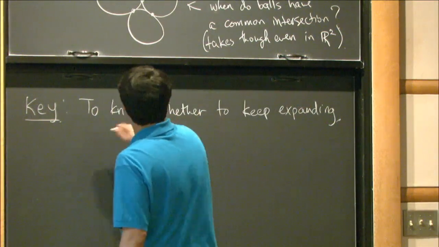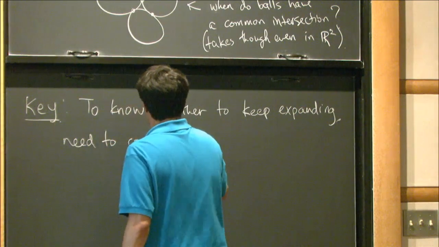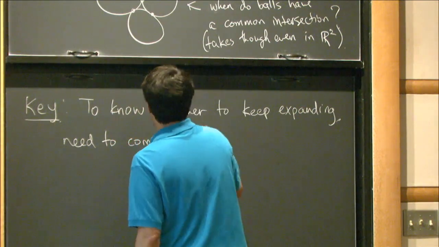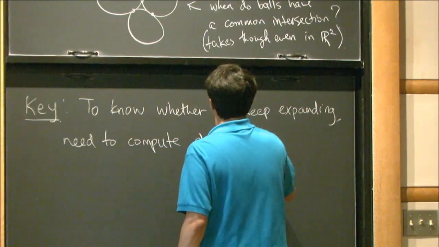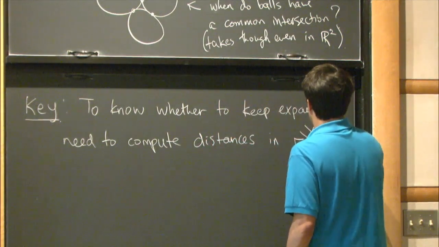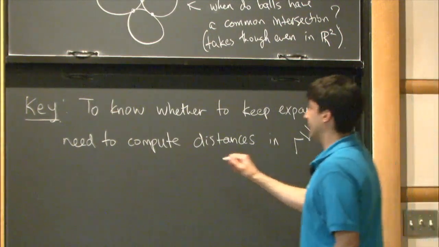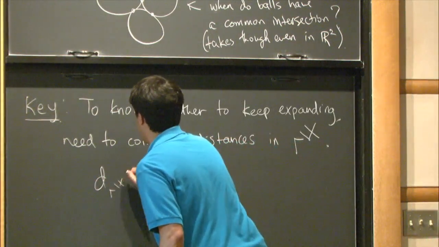So the key point is, you need to compute Riemannian distances in gamma mod x, quotient distances.